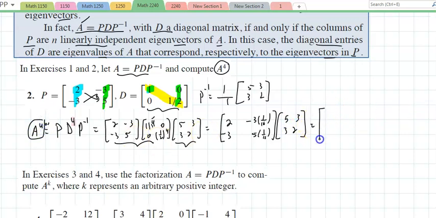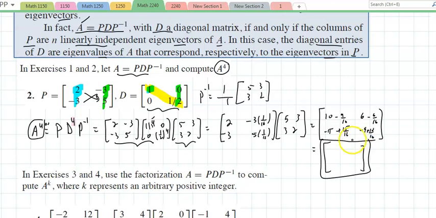That's about it. And that will be 10 minus 9/16, and that will be a 6 minus 6/16, and that will be a negative 15 plus 15 over 16, and that would be a negative 9 plus 10 over 16. And whatever that answer is, let me see what that is.